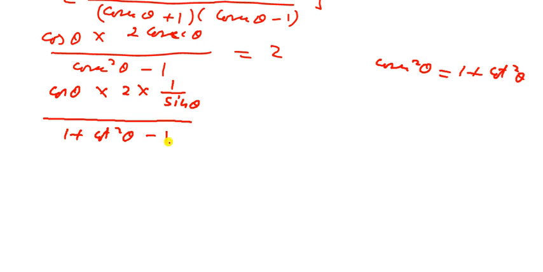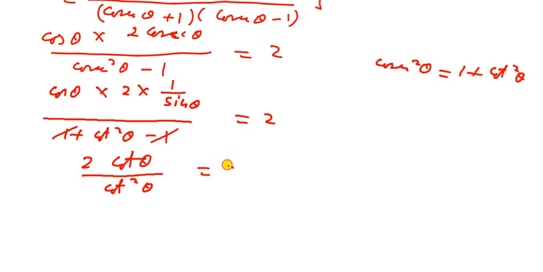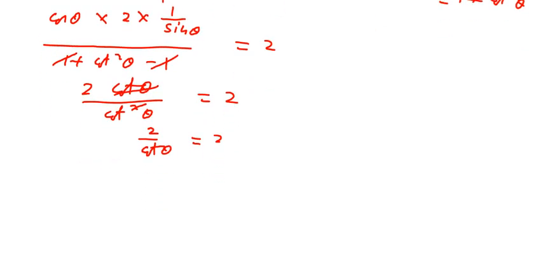So cos theta into 2 into 1 upon sin theta, and here is 1 plus cot square theta minus 1 equal to 2. Now this 1 and 1 will be cancelled out. And it is cos theta upon sin theta, that is cot theta. So we get 2 cot theta upon cot square theta is equal to 2.